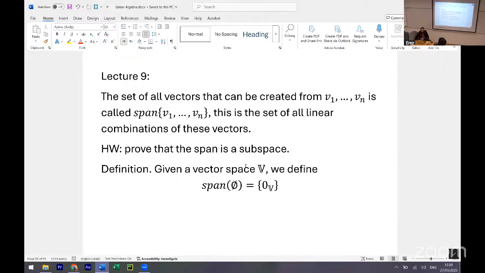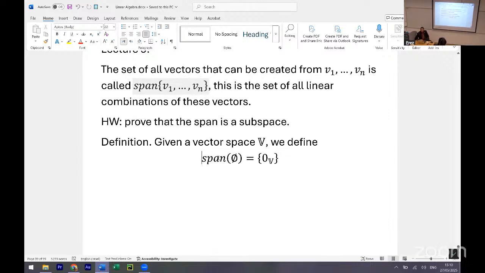With the empty set it's a bit more confusing, but whenever I calculate the span, I must know what the field is, where I take the scalars from, and what the possible vectors are. In any case, the span of the empty set is the zero vector. It's just a definition. It doesn't follow from anything that I said, because I said that the span is everything you can create. What can you create using nothing?